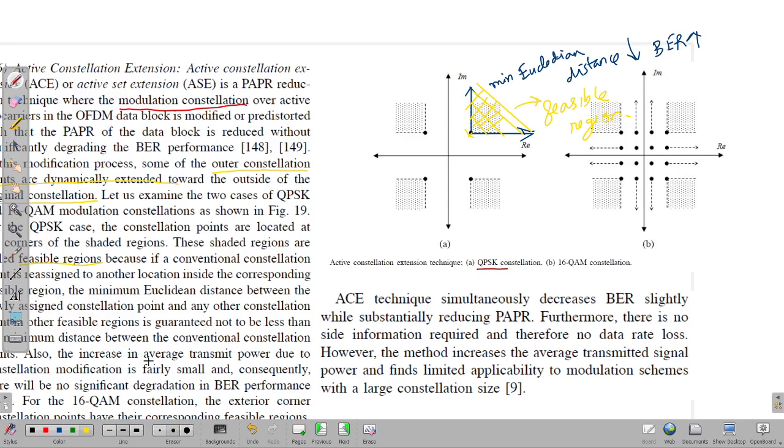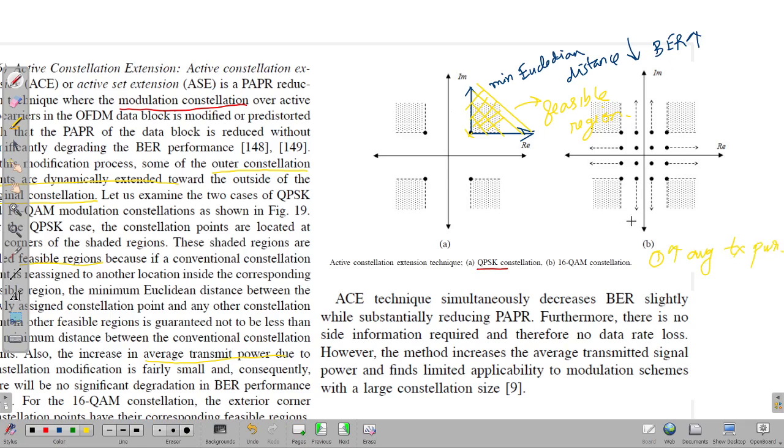You are increasing the average transmit power. If you modify the constellation in this manner, you are increasing the average transmit power. So that is one of the disadvantages of active constellation extension: increase in average transmit power.